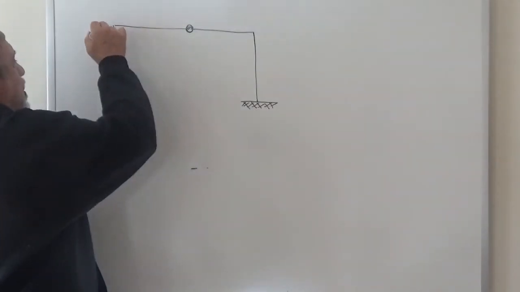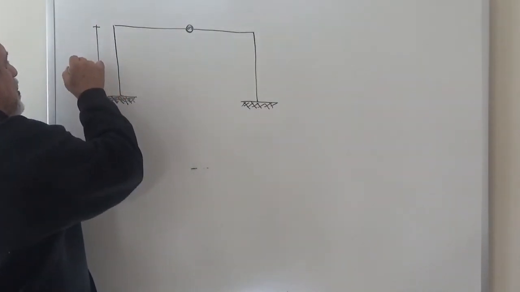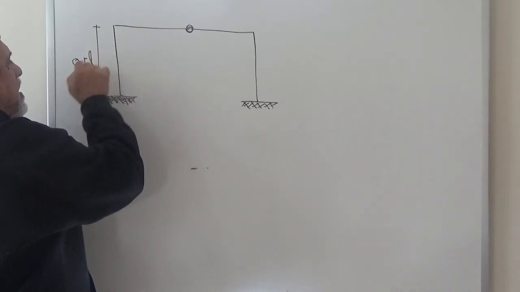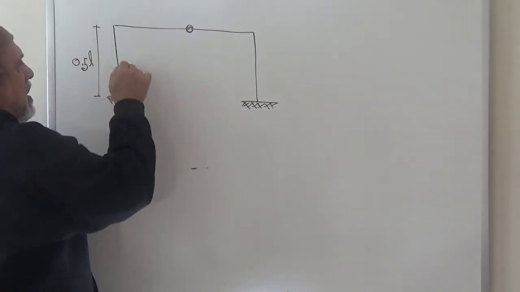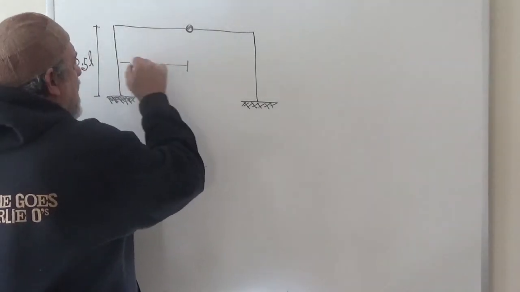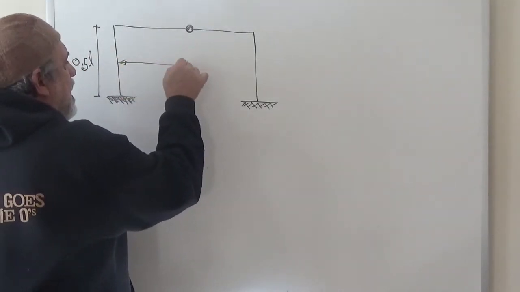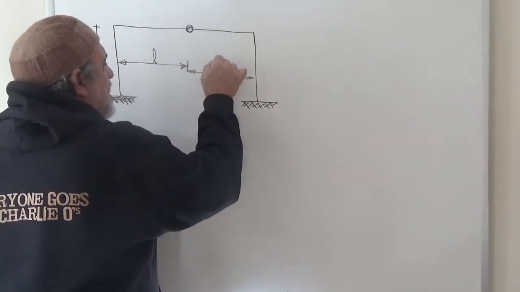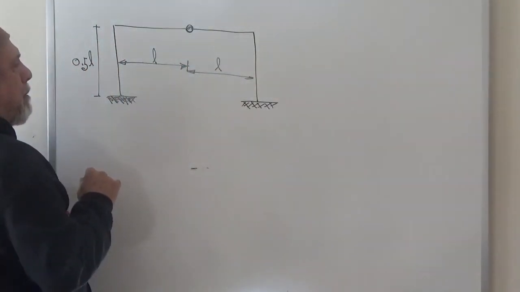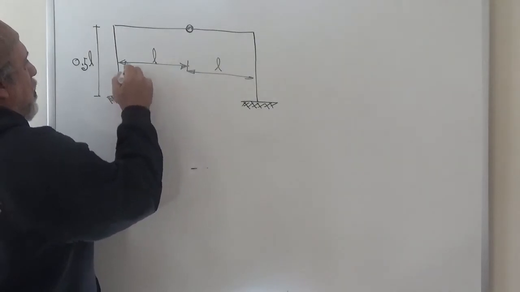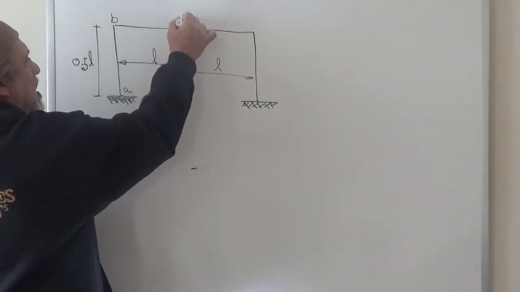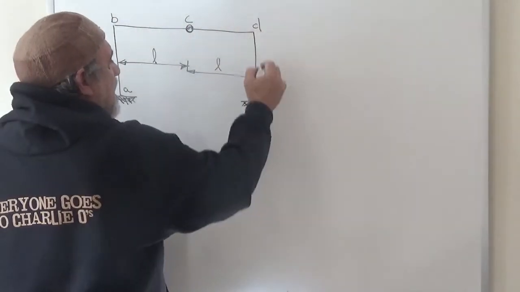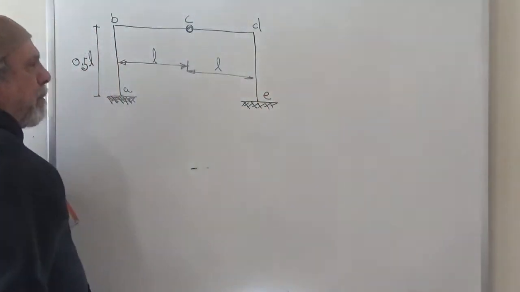The height of the columns, let's use one dimension L. Let's say that the height is 0.5 L. The distance to the hinge from this side is L, and this other distance is also L. If we need to refer to points, that will be A, B, C, D, and E. Okay?